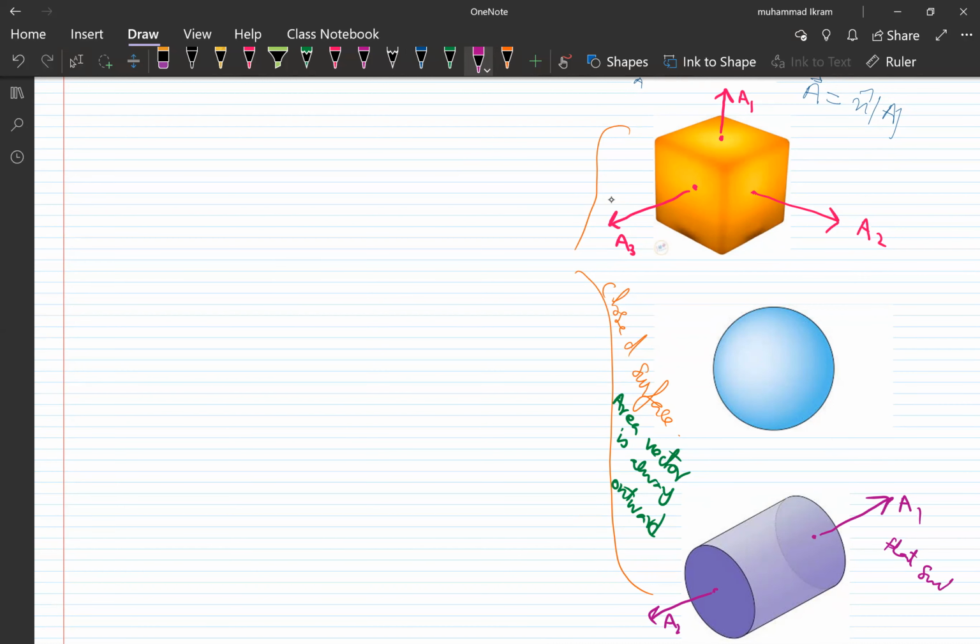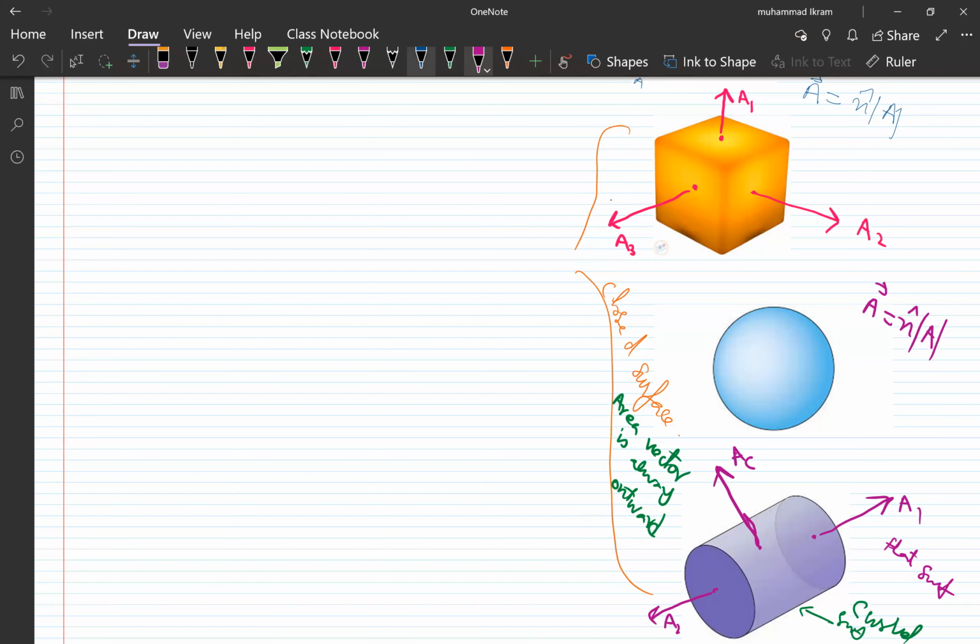But here we have a curved surface also. This is the curved surface, and this is the area vector A for the curved surface. So you see in all the cases the area vector can be drawn, and the magnitude of any area vector can be found by n, a unit vector, multiplied by the magnitude.